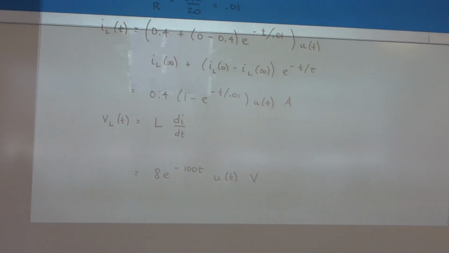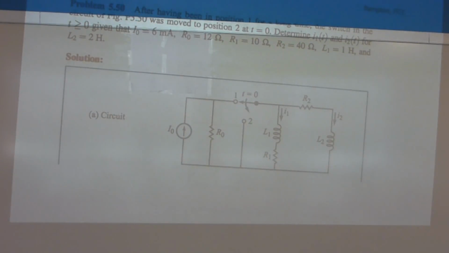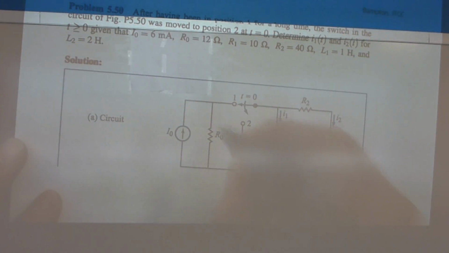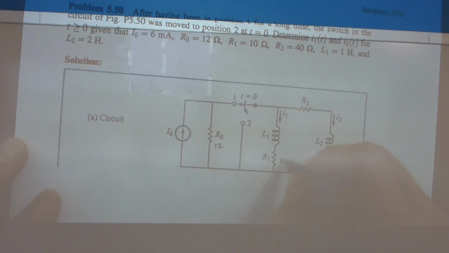Okay, so let's do another one. All right, so here's this one. We'll fill in the numbers. So 12 ohms here, 10 ohms here, 40 here.